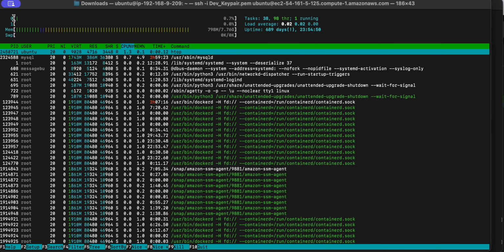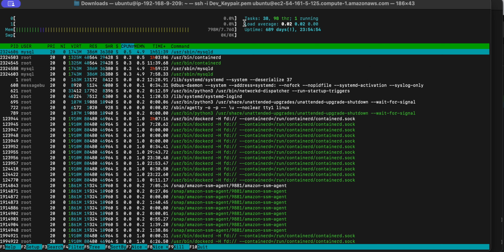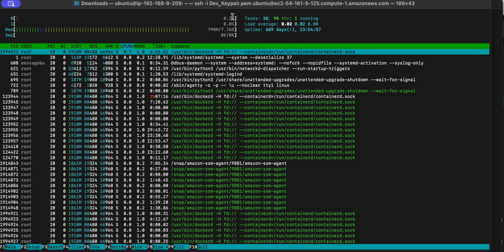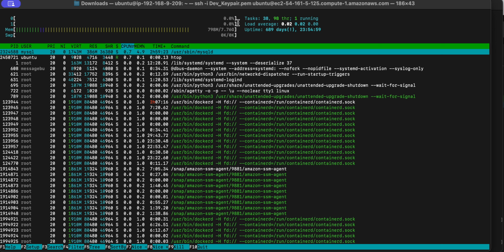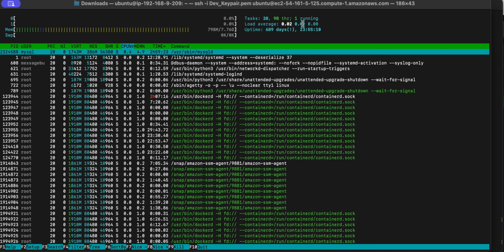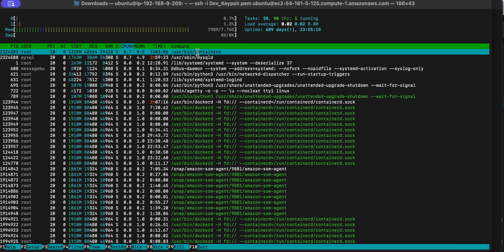Here you can see 0 and 1 means a 2 core CPU is there, and both are kind of idle at the moment. 7.7 GB memory is there, 798 MB is used, total uptime is this, load average is this. So this is something more human readable. Swap is 0k available, 0k here.